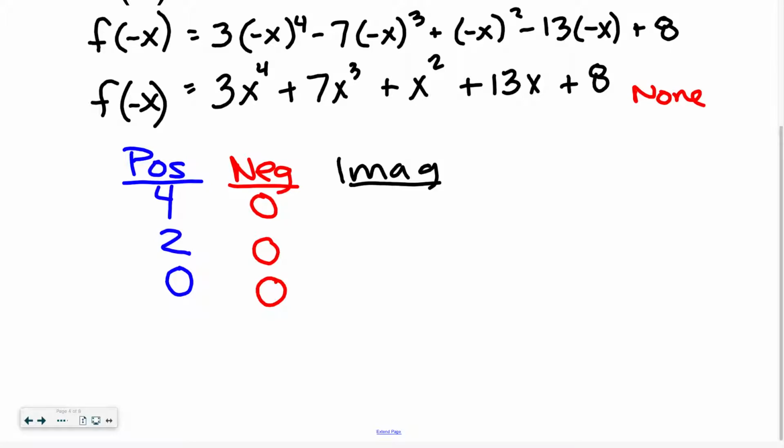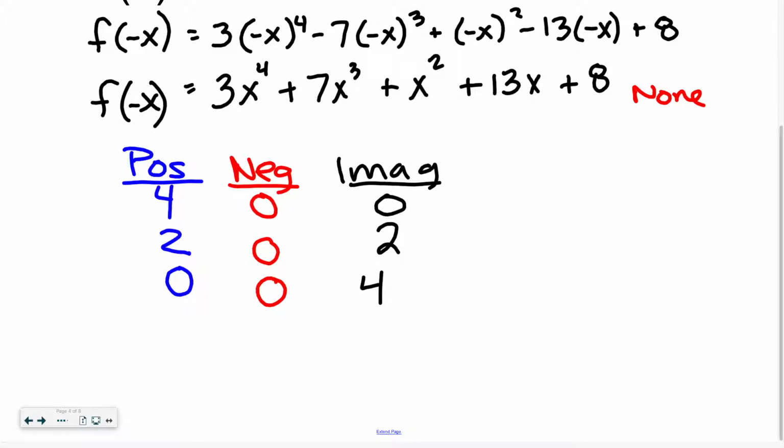How many zeros should you have for a fourth degree? 4. So if I have all 4 of them, then I would have 0 imaginary. If I have 2 positives, 0 negatives, then I must have 2 imaginary solutions. And if I have 0 positives, 0 negatives, then I have 4 imaginary solutions.